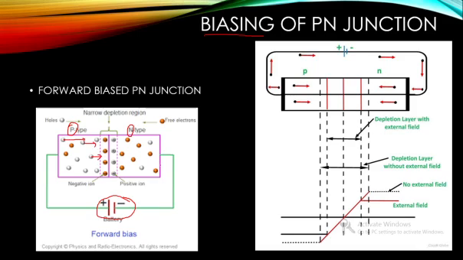Similarly, electrons in the n region are facing the negative side of the battery, so they will be repelled towards the junction. So there is a flow of electrons and holes across the junction. There is a current flow due to the application of an external potential, and hence it is called forward, in the sense a current flow is happening.